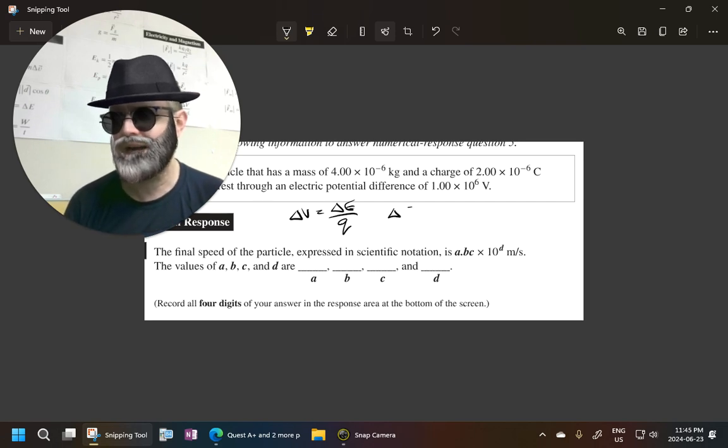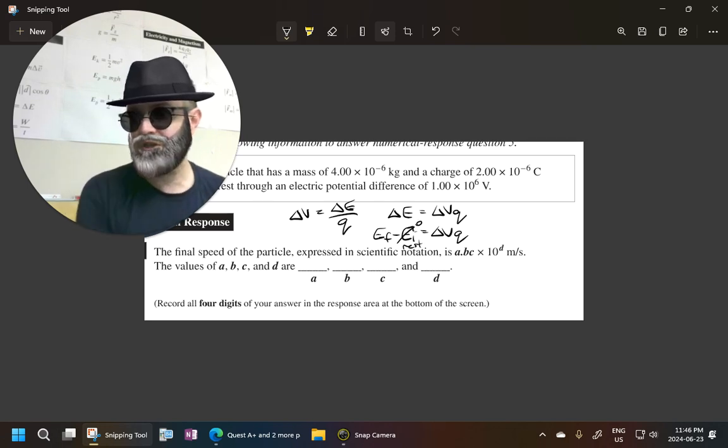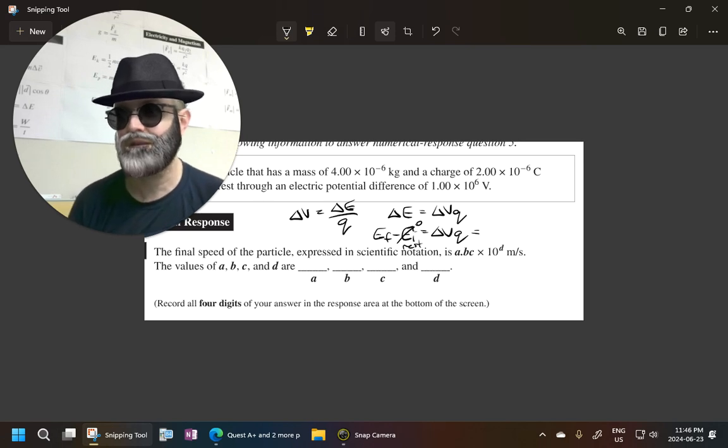So when I find this change of energy, I can just say this is the kinetic energy, and then I go final minus initial. And because it starts from rest through this electrical potential, my initial is 0 because it starts at rest.